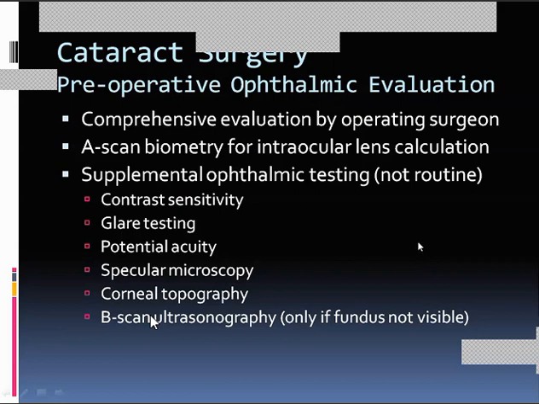First we have to do the A-scan biometry for the intraocular lens calculation, to find what is the power of the lens we have to implant after the cataract surgery.